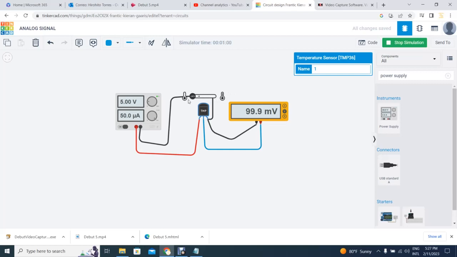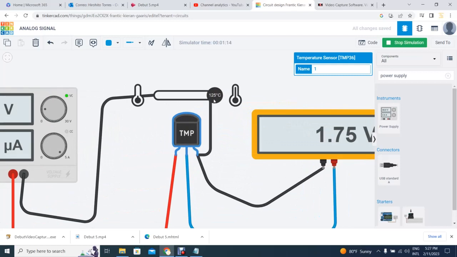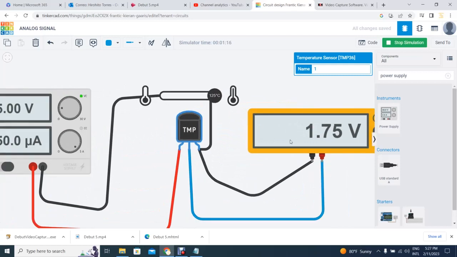That yes, if the temperature changes, there is a change reflected by the sensor directly here in voltage. As you can see, this temperature is about 125. I got 1.75. If I drop this to minus 40, it's 99.9. So as the temperature increases, the voltage increases.